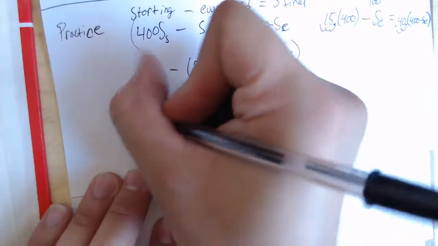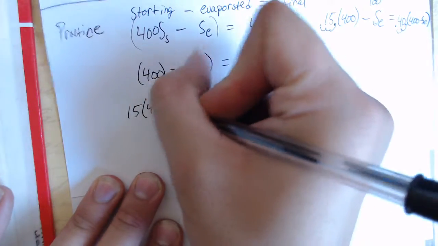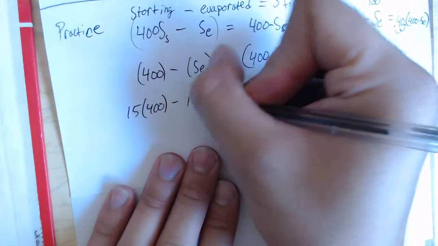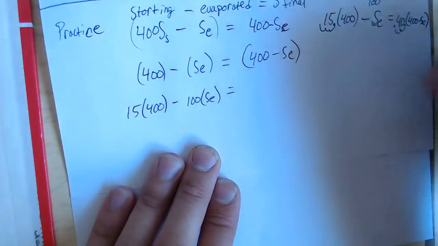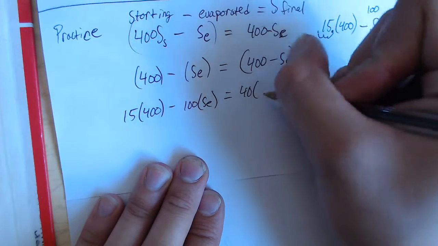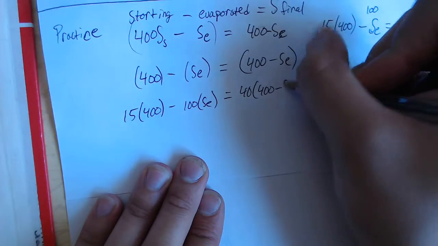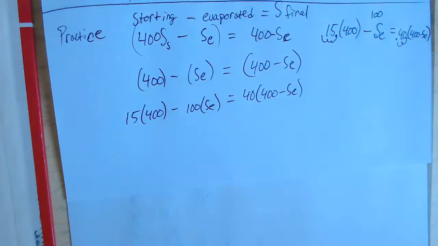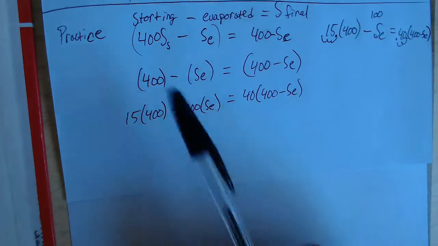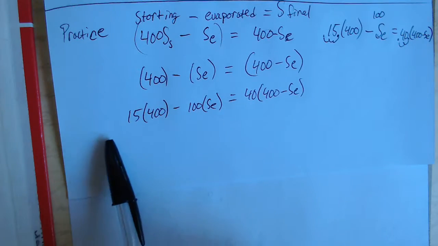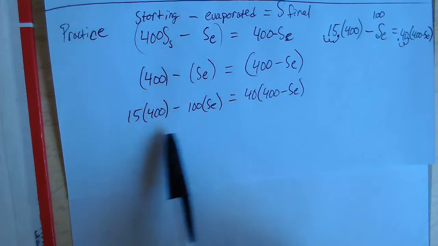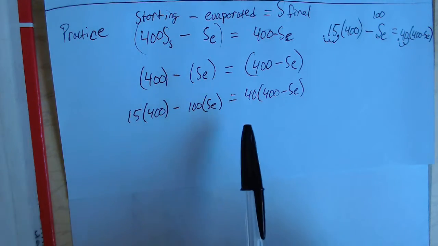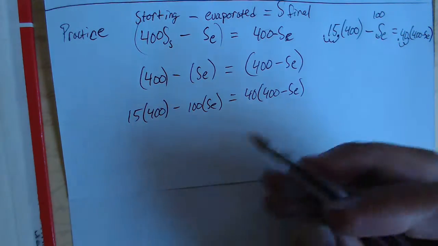So what we have is 15 times 400 minus 100 solution evaporated is going to equal 40 times 400 minus SE, or solution evaporated. This is our equation written in terms of volume. This is our equation written in terms of percentages, and we've accounted for the decimal so that we're working with whole numbers. That's where that 100 came from.